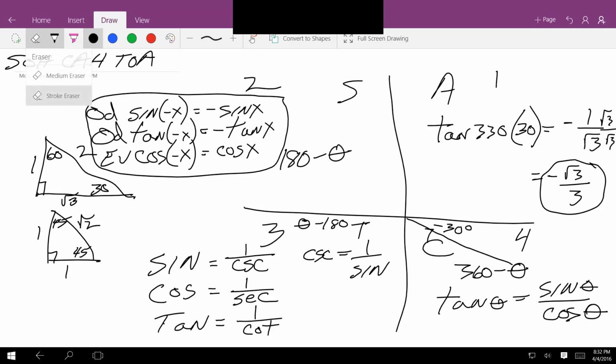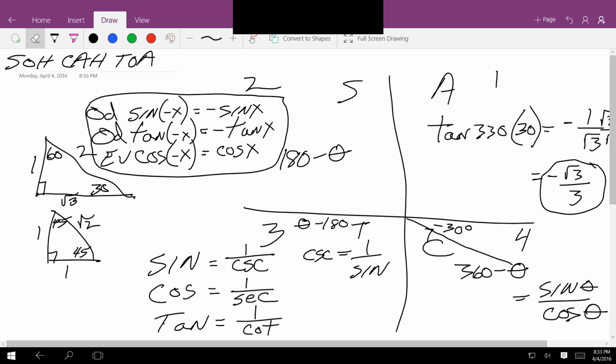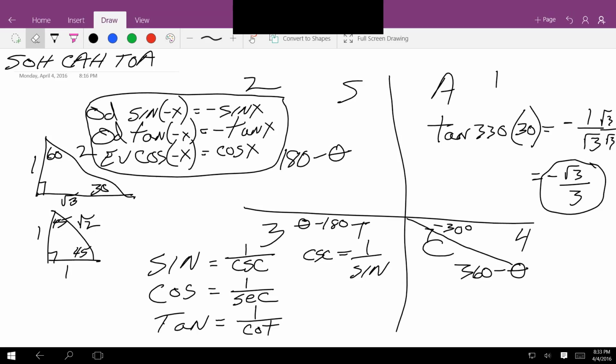What else do you have? Now, that last problem, it just wanted the tangent of minus 30 degrees, correct? It didn't really tell you to do it using this method? No. Okay. Then you definitely want to use the method that I showed you.